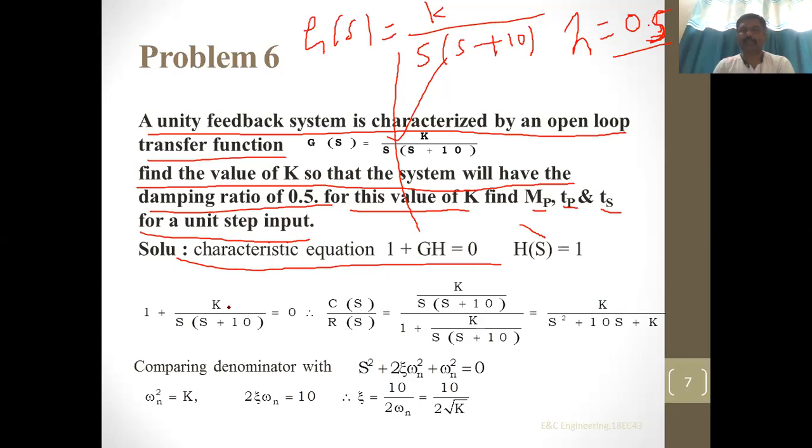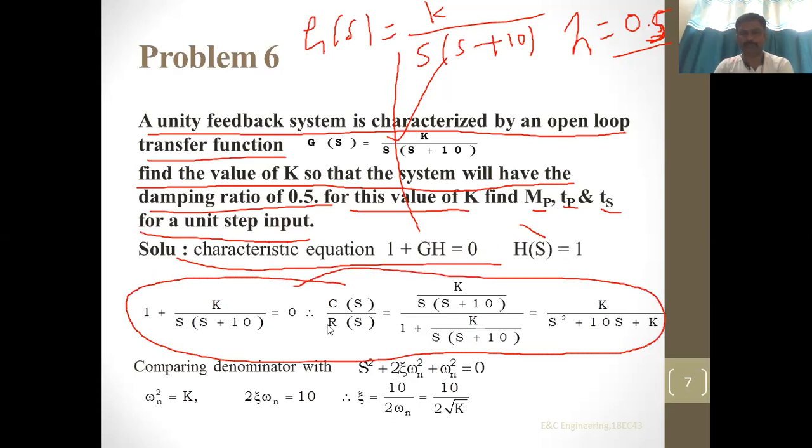Later, if I simplify the overall transfer function, it is K divided by S square plus 10S plus K. Then after comparing this with the standard transfer function for a second order system, omega n square divided by S square plus 2 xi omega n S plus omega n square, we have the parameters: omega n square is equal to K, and 2 xi omega n is equal to 10. Please try to understand.